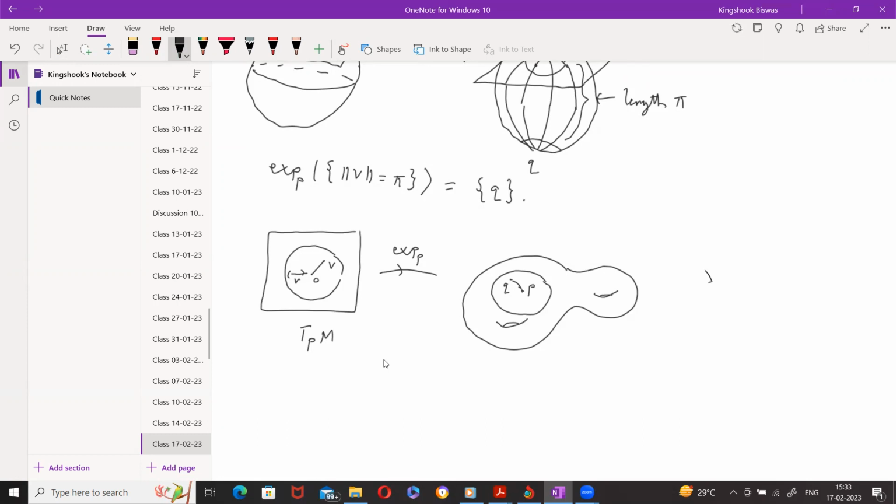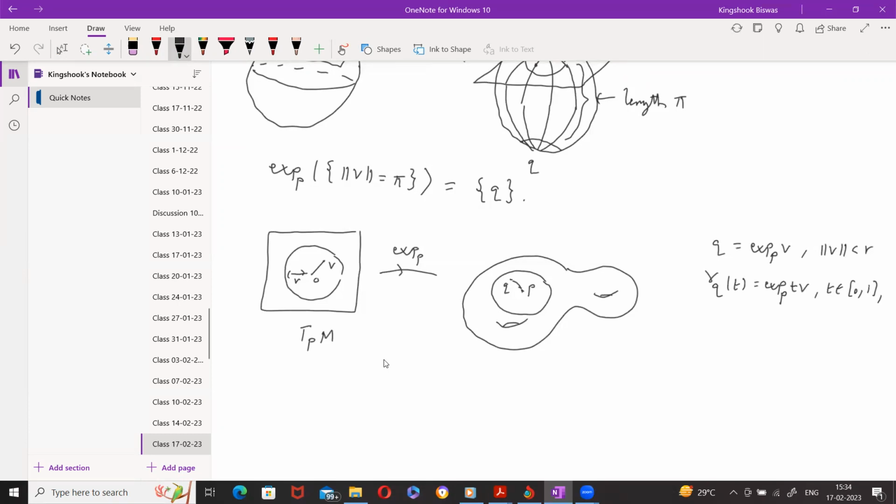So I have Q equal to exp_P of V, where the norm of V is less than R, and then gamma_Q(t) is exp_P of tV, where t belongs to [0,1].